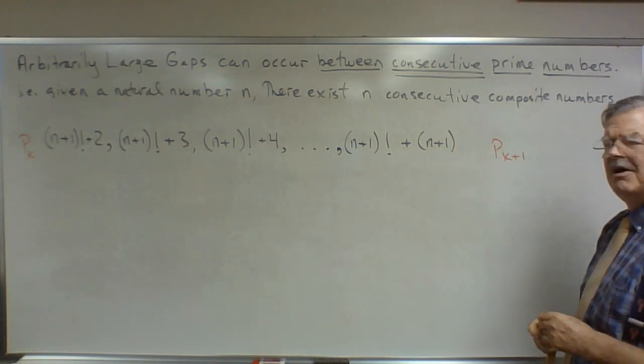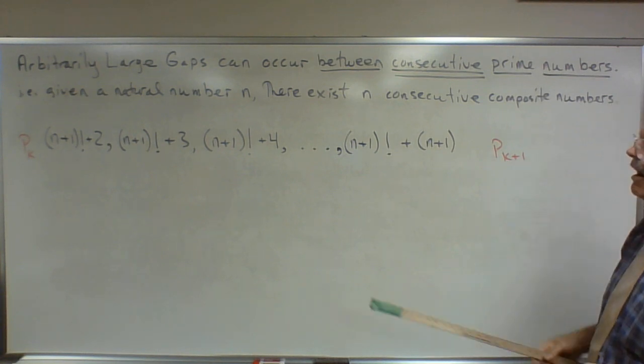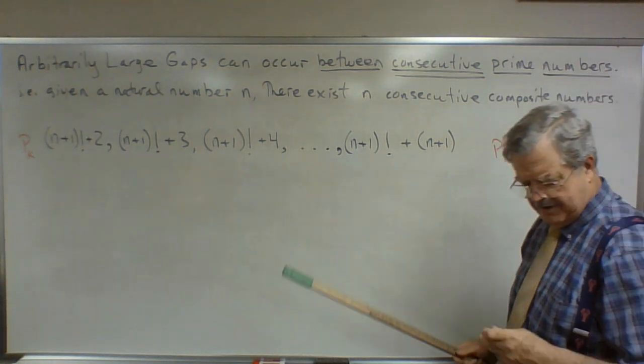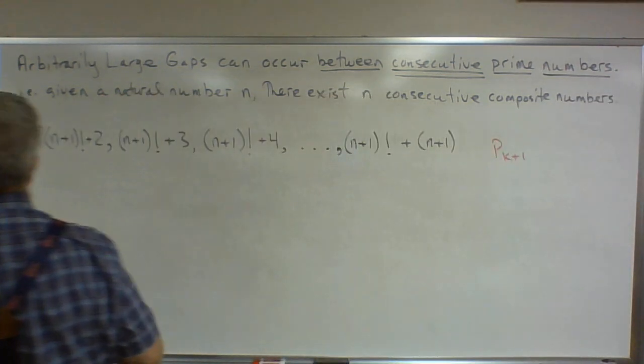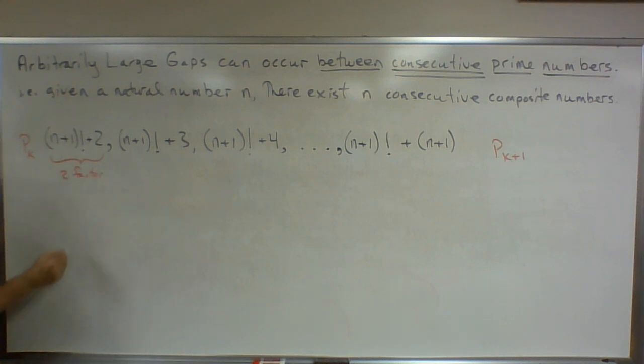Now let's see. Are these all composite numbers? Let's look at this one. n plus 1 factorial is the product of all positive integers less than or equal to n plus 1. So 2 is a factor here, 2 is a factor here, so 2 is a factor of this whole thing.